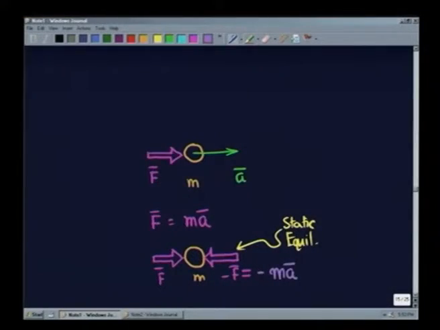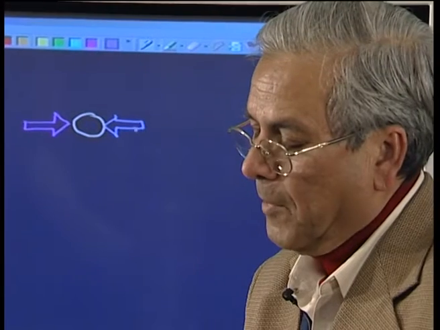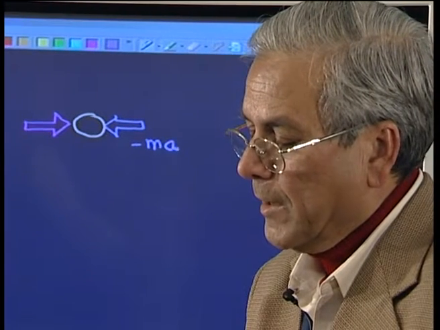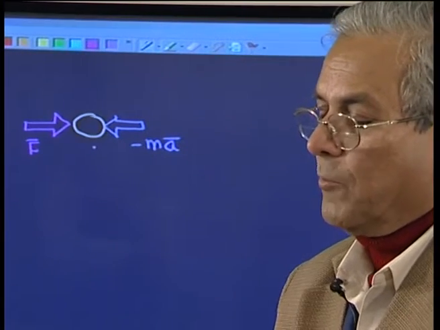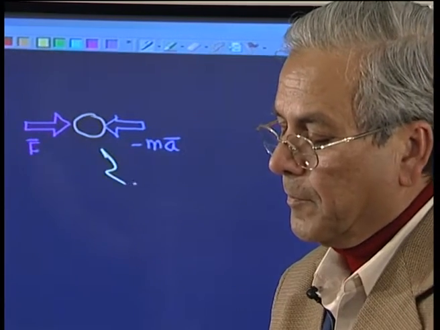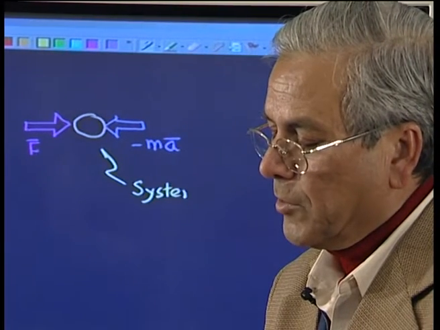So, if the particle is acted upon by a force F and another force minus m a, the particle will be in static equilibrium.